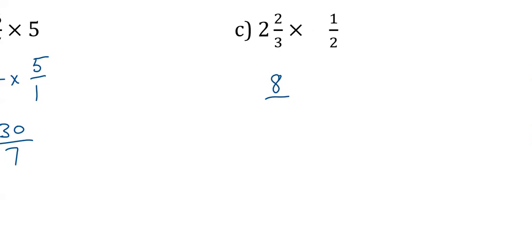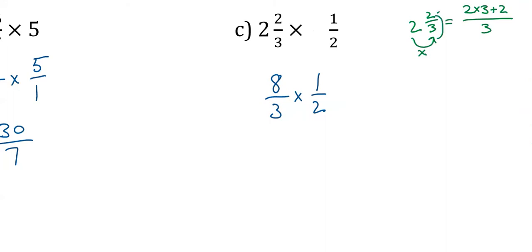So 2 times 3 plus 2 over 3: times, then add. Now I just multiply straight across. 8 times 1 is 8. 3 times 2 is 6.